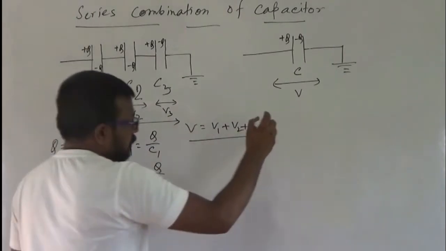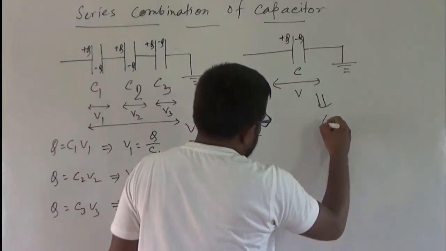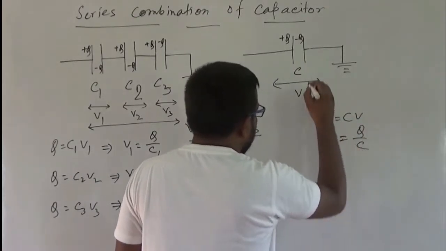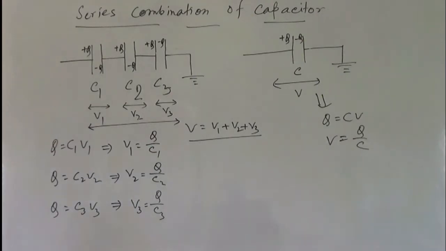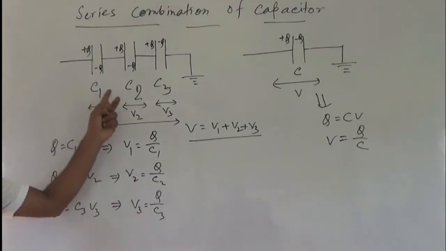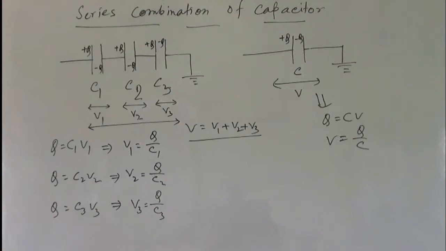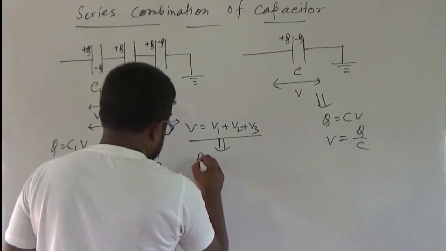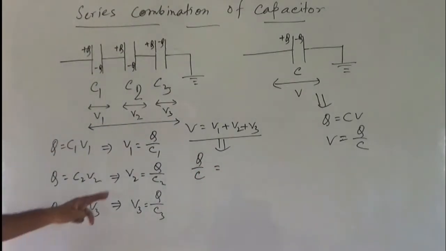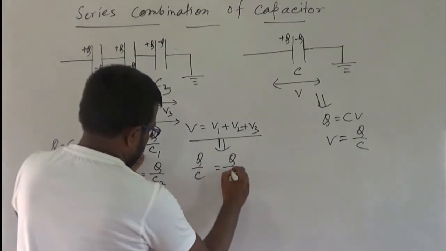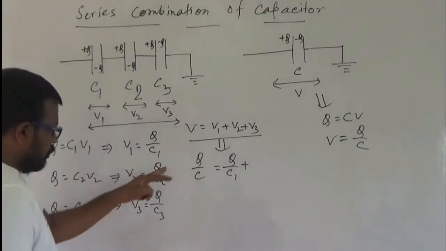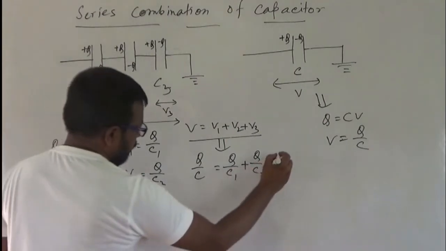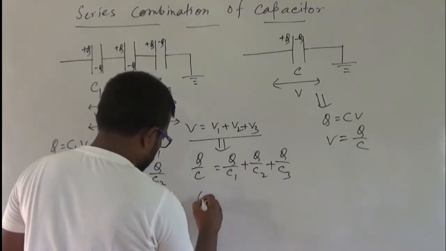Then for this case, we can say Q equals CV, or V equals Q by C, and this C is called the effective capacitance of C1, C2 and C3. Now put here V equals Q by C, V1 equals Q by C1, V2 equals Q by C2, and V3 equals Q by C3.